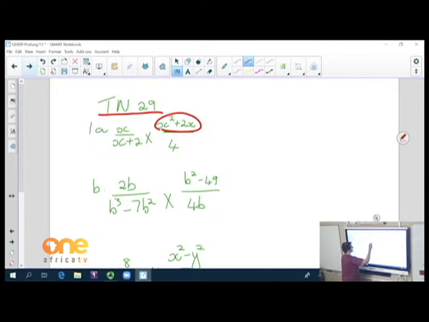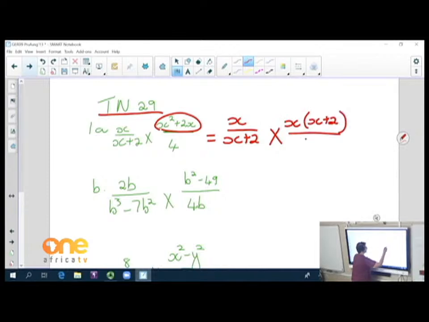So I have x over x plus 2 times, and I factorize here now, it's x plus 2 over 4. I have to factorize first before I can do anything. Now we can try to cancel, and this whole bracket and that one will cancel out. So the answer is x squared, I add my indices, over 4.